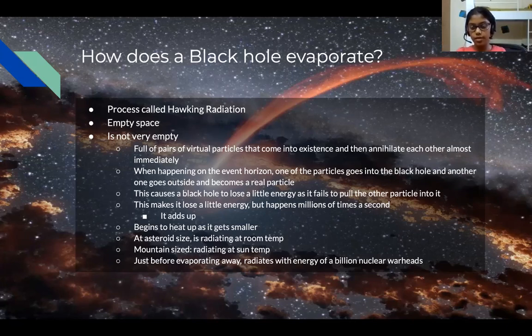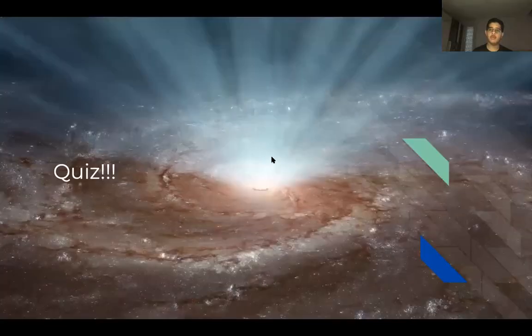So if this turns into a supernova, how can it not explode? It doesn't turn into a supernova. What happens is just before a black hole dies, the energy it releases is the same as a supernova. Okay, so it doesn't go supernova, but just before it dies, the amount of energy it releases is comparable to a supernova. Okay, thanks. So we're going to have a quiz now, but before I give you any questions, anybody want me to repeat anything I said before this?